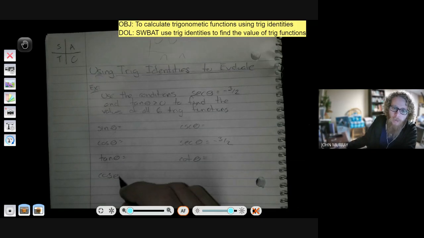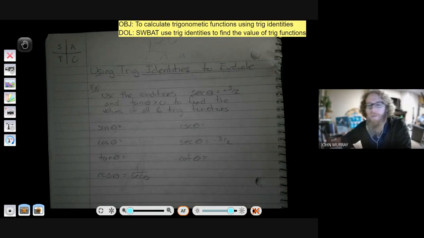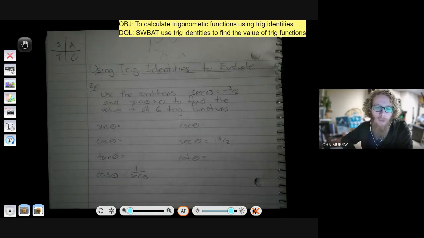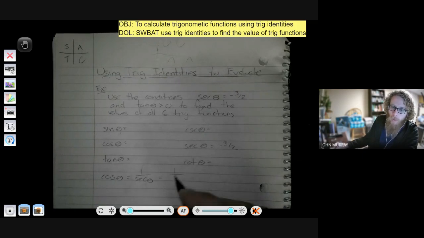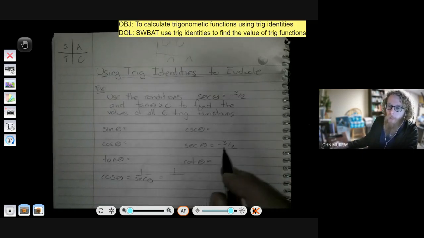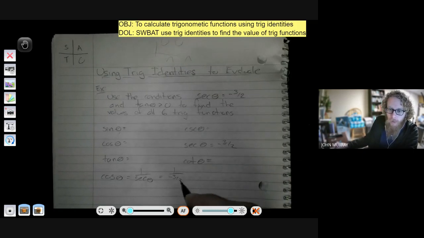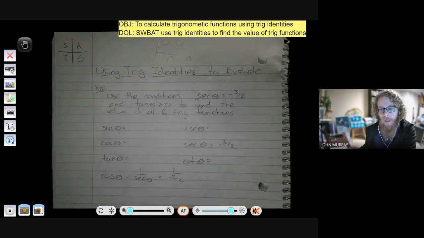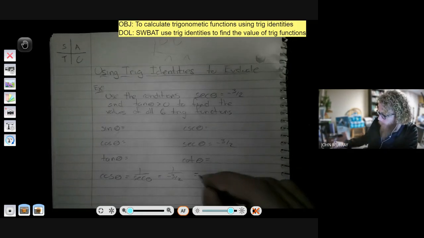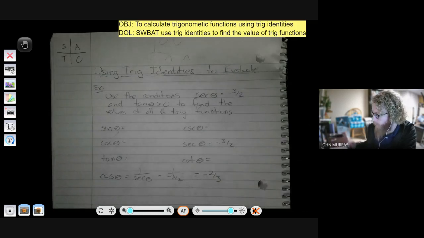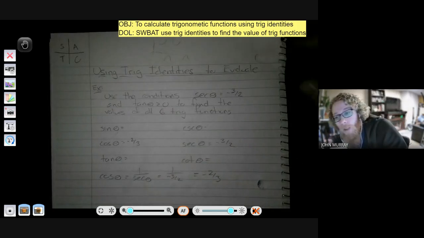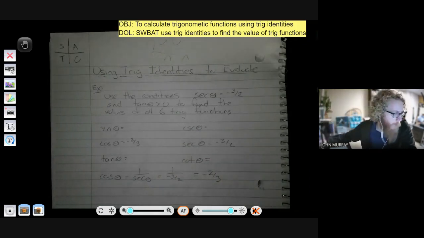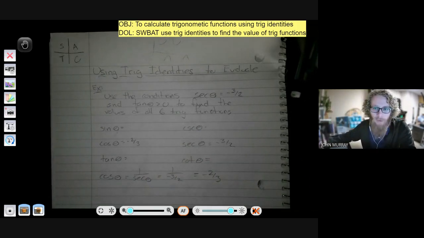So I know that cosine is the reciprocal of secant, or secant is the reciprocal of cosine, vice versa. So I'm just going to replace the secant with what I know it's equal to: 1 over -3/2, which gives me -2/3. So without doing very much work, we already know 2 of our trig functions.